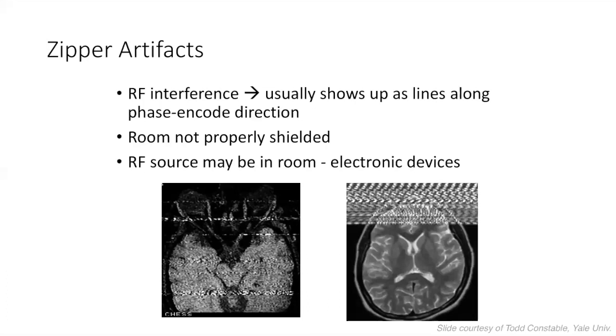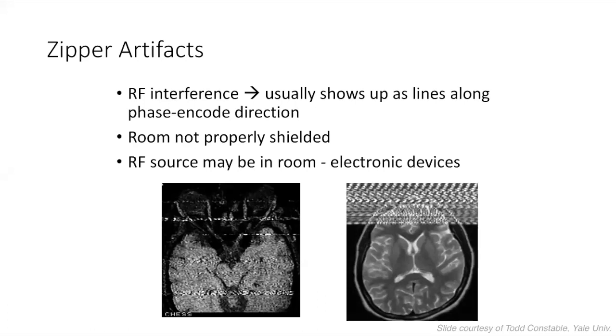So zipper artifacts come about from RF interference, and they usually show up as these lines along the phase encode direction. And typically that is an indication that the room is not properly shielded, or the door is not fully closed, so you get some RF interference that sneaks into the scan room. Alternatively, there might be an RF source in the room.